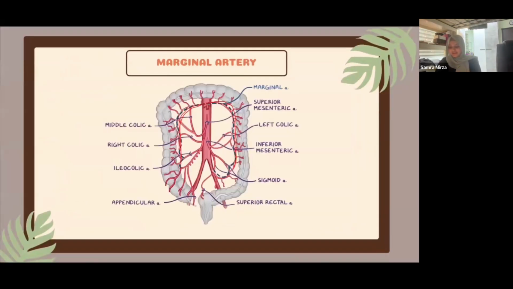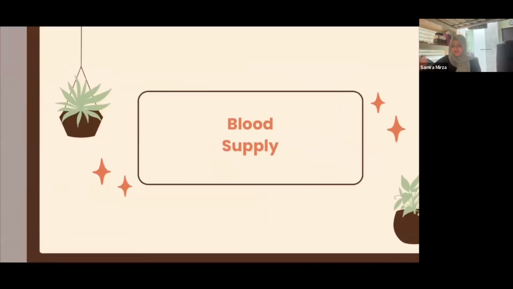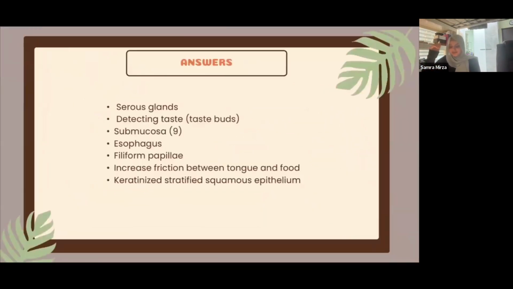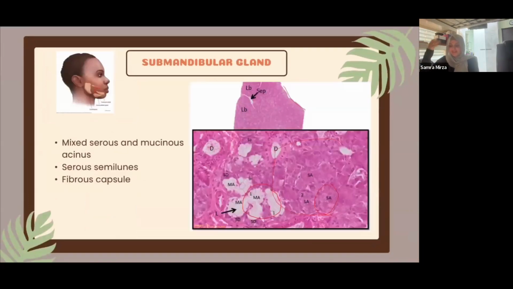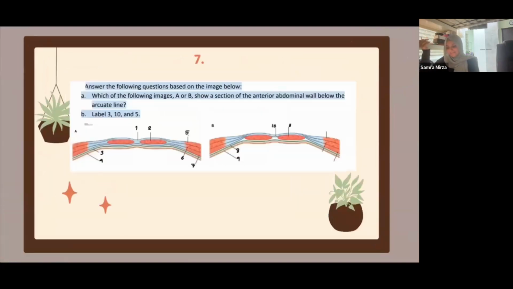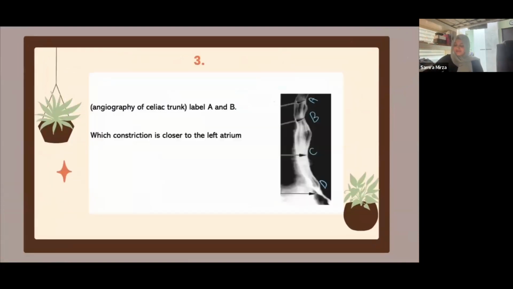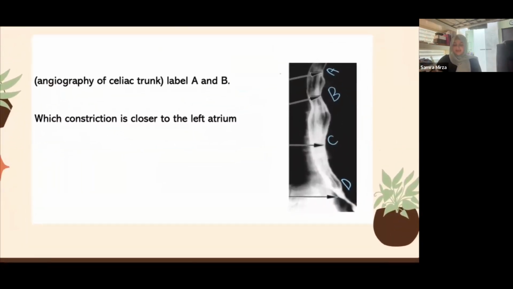I'm just gonna quickly go back to the question that someone had previously asked regarding the mock OSPE that we did at the start. Okay, here. So we said here that we wanted them to label, this is an angiography, as they said in the question, of the celiac trunk, and they wanted you to label A and then B, and then ask you which one is closer to the left atrium.